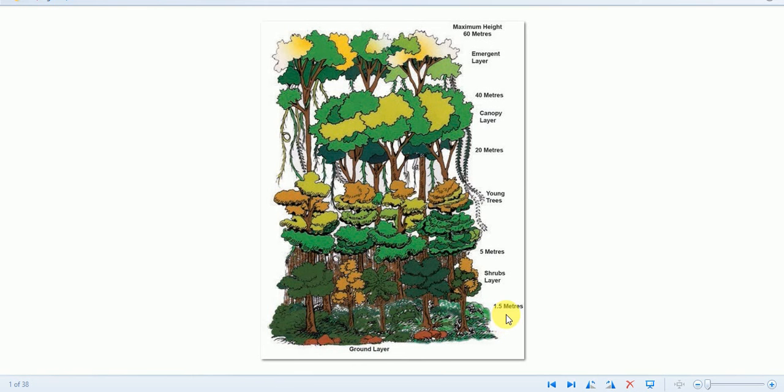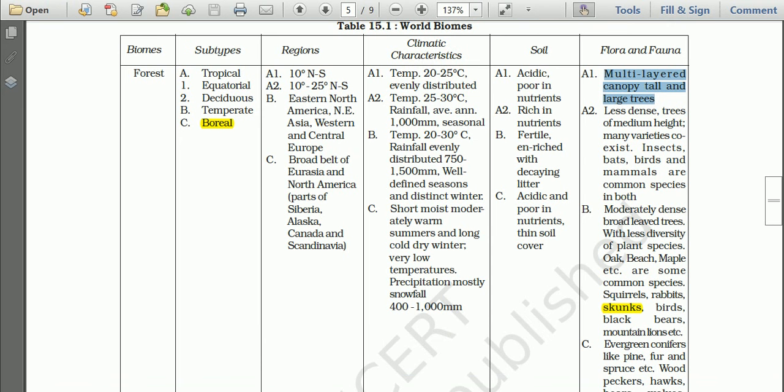Ground layer 1.5 meter, then we have shrub layer with a height of 5 meter, then young trees layer 20 meters high, canopy layer 40 meters high, emergent layer, reaching the maximum height of 60 meters. So in this way, tropical rainforest, equatorial forest has a multi-layer structure.